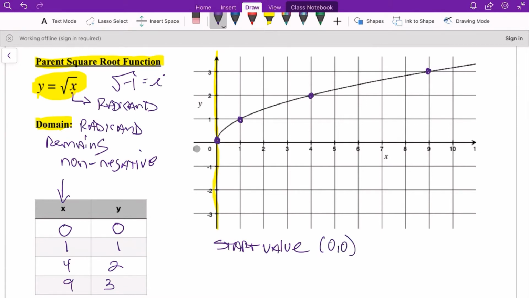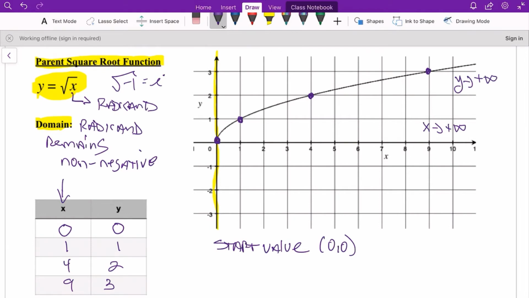And you can see here, as x is going to positive infinity, the graph itself is going out and upwards. The y coordinates are also going to positive infinity.